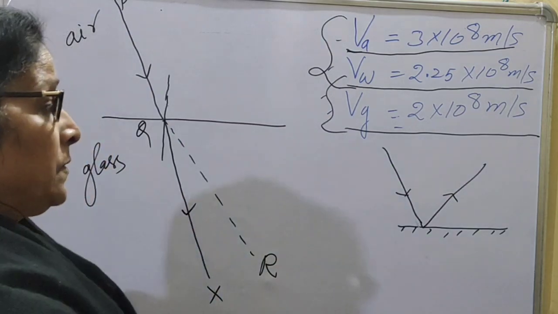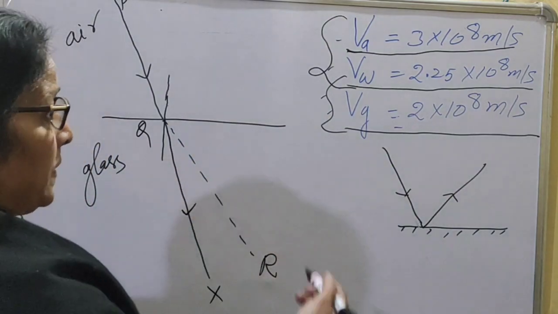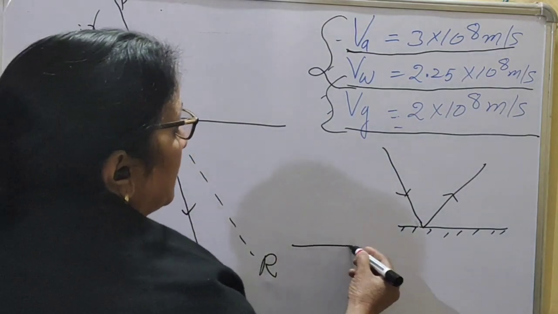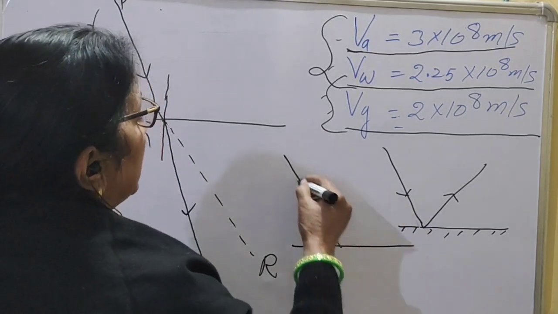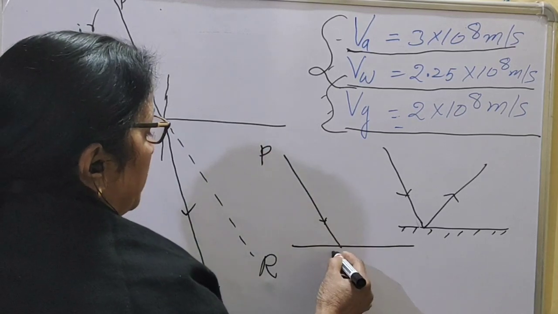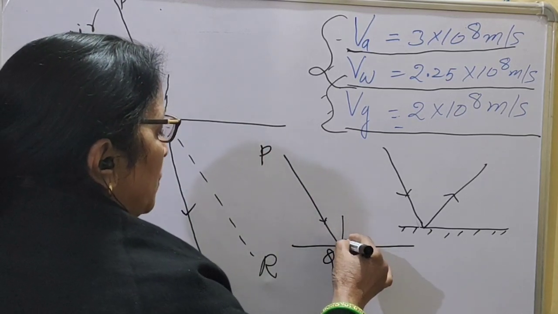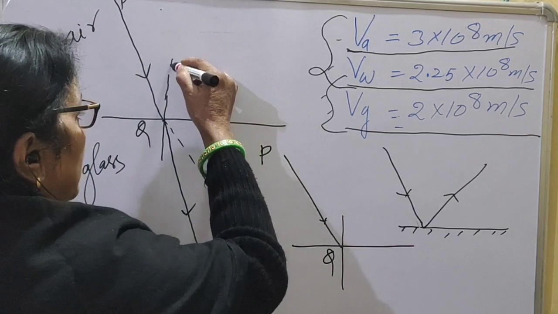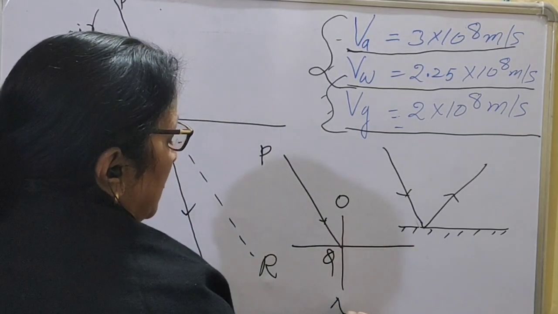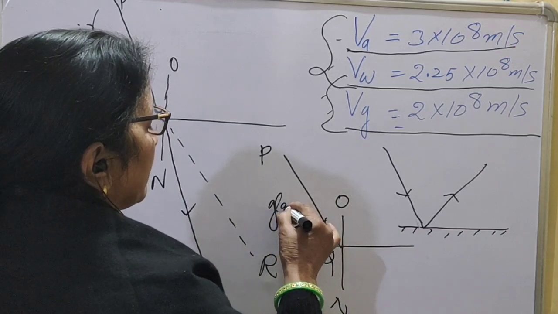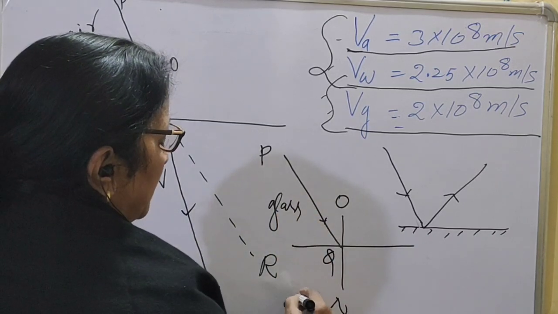Okay, now children, suppose the ray of light has to travel from glass to air. This is the incident ray PQ, like the previous diagram, where we have drawn the normal, ON is the normal, and this is glass and this is air.